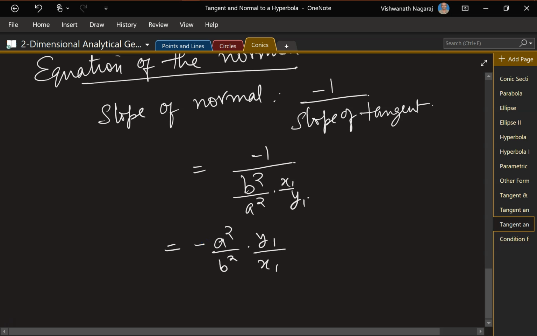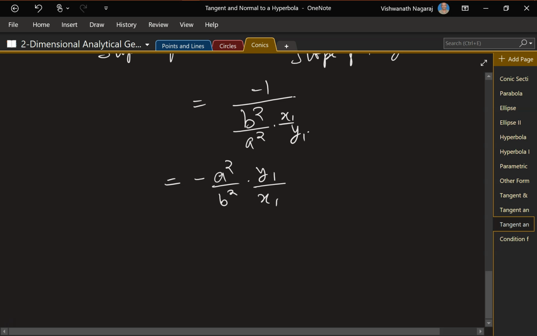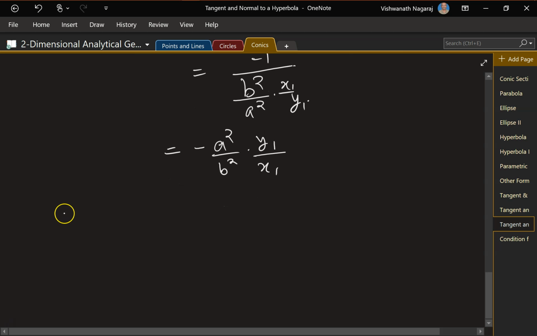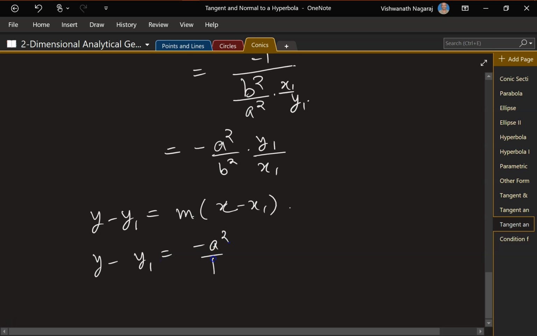So this is the slope of the normal. So the equation would be y minus y1 is equal to m times x minus x1. So y minus y1 is equal to minus a squared by b squared times y1 by x1 times x minus x1.